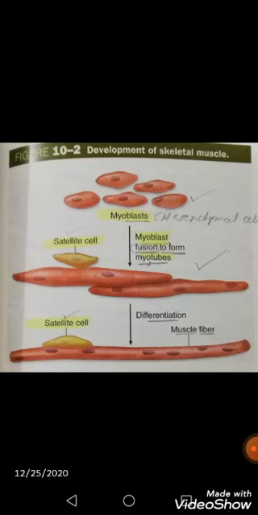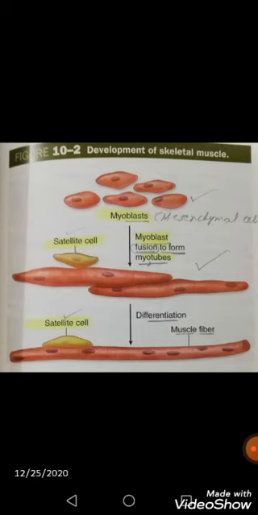They align themselves and fuse together to make longer multinucleated tubes, now called myotubes. Now they have to synthesize protein to make the myofilaments inside, and they appear as cross striations under the light microscope.